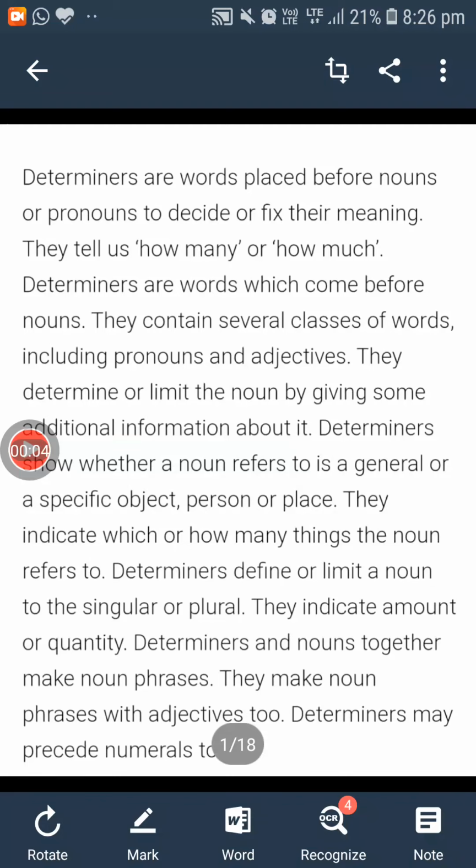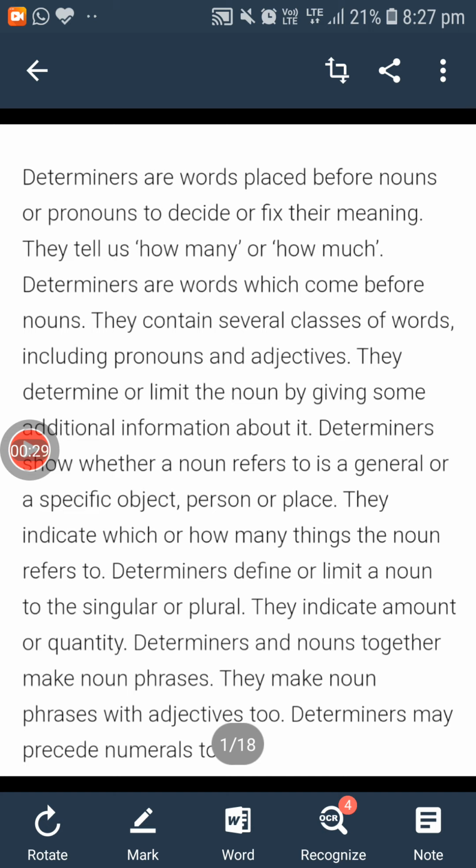So, in this particular module, I'm going to teach you a very well-known lesson, that is the lesson of determiners. Dear students, do you really find a need in 11th class to repeat or recall this concept of determiner?